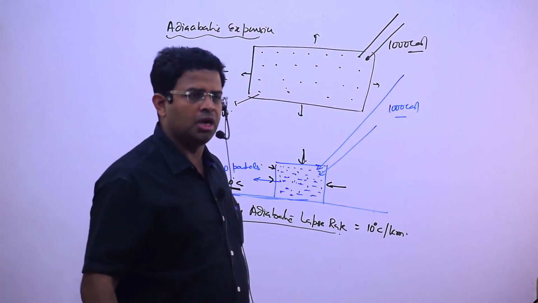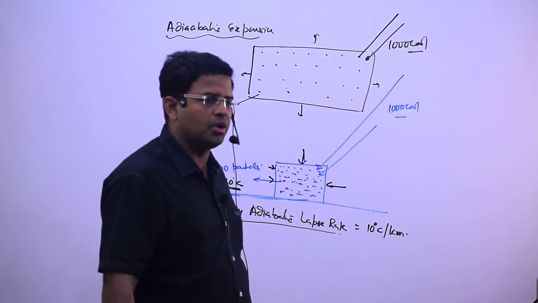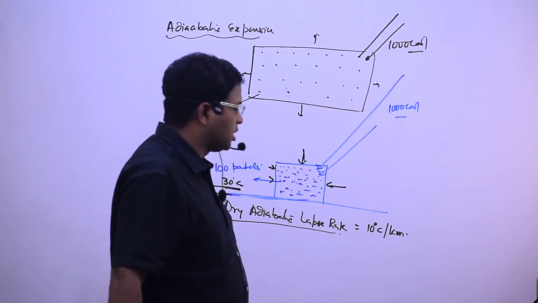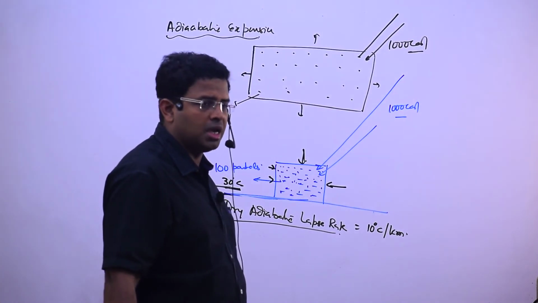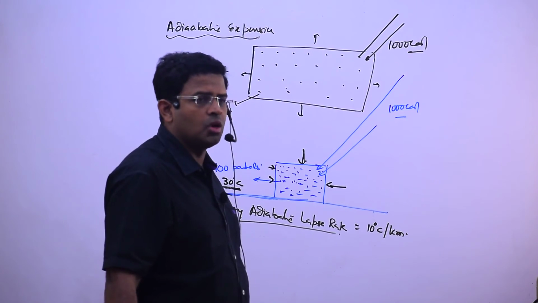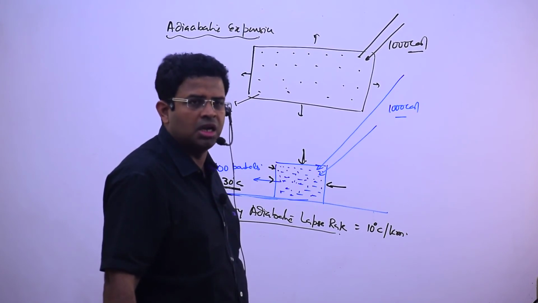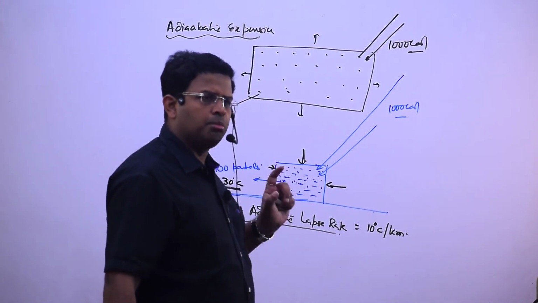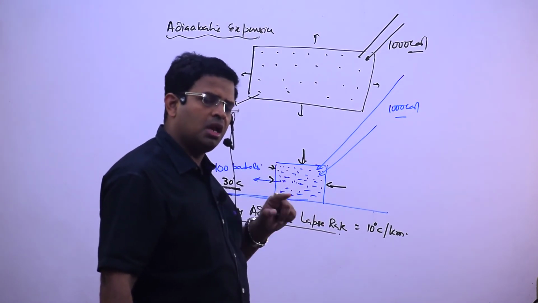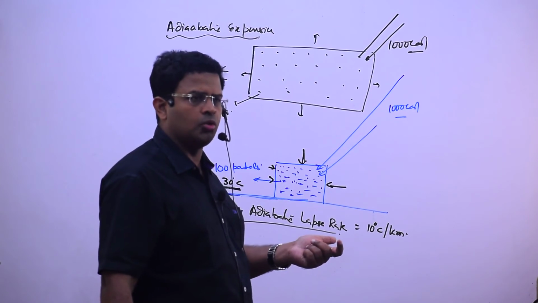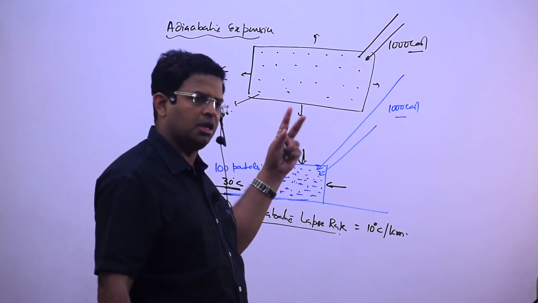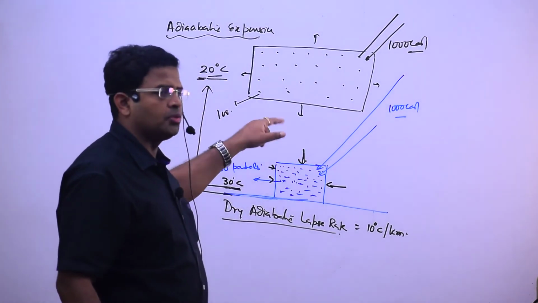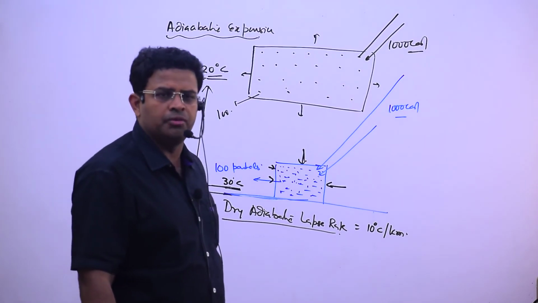In some books it is written as 9.8, it doesn't matter. I said that it is 10 degrees Celsius per kilometer, but there is no moisture condensation. Moisture is not condensing. Moisture may be available, it doesn't matter, but until the moisture is converted into water particles, the air temperature decreases with height by which rate?